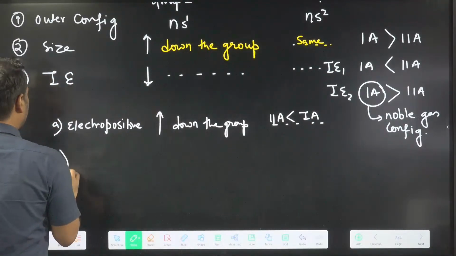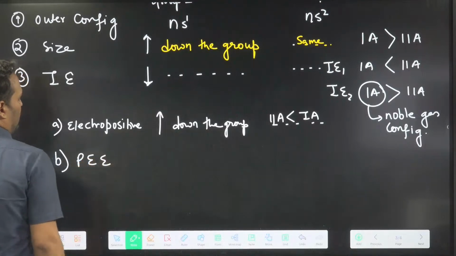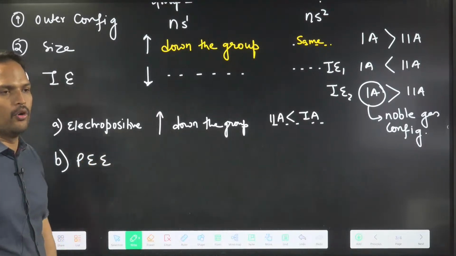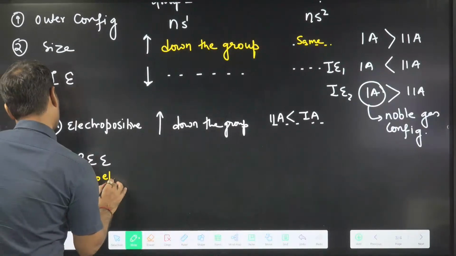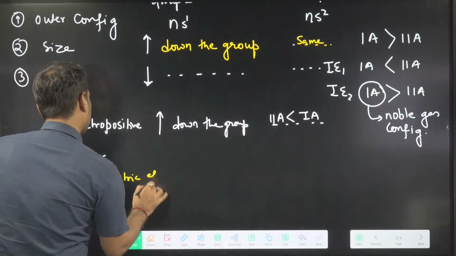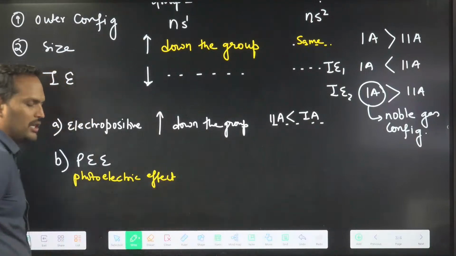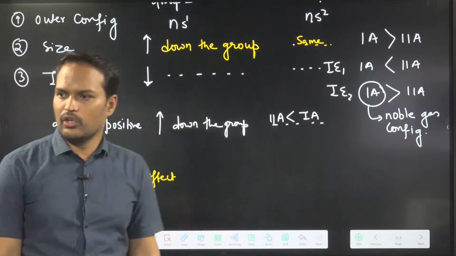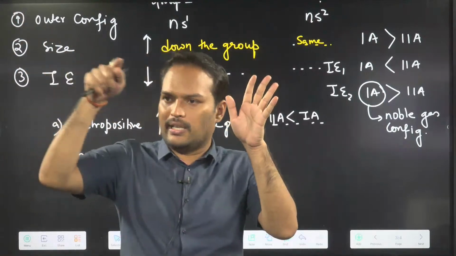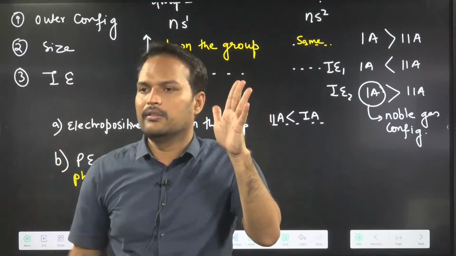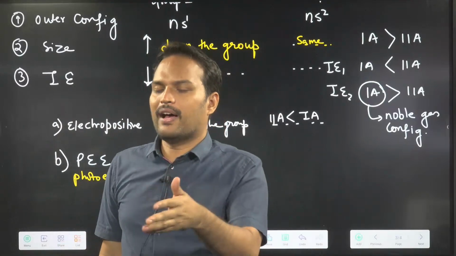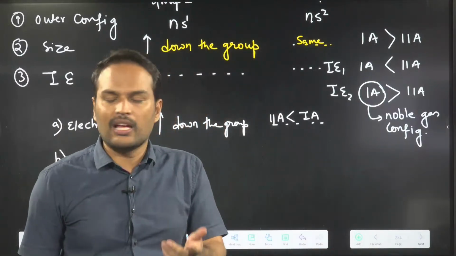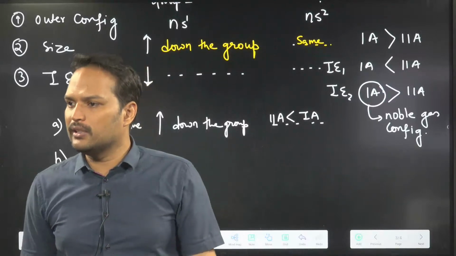Second point we will write now. Do you remember PEE? What is PEE? Tell me. Photoelectric effect. Now you will say yes sir, we have studied this in the atomic structure chapter. You remember, metal was there, light came, electron ejected. So this also involves ionization energy. If ionization energy is less, then we can use it in photoelectric materials.